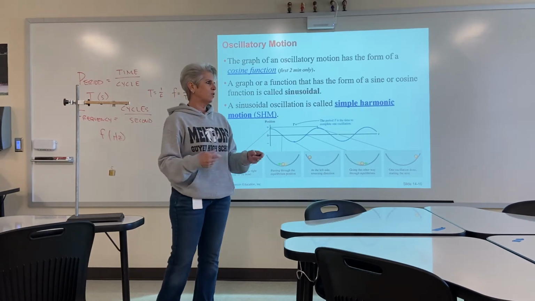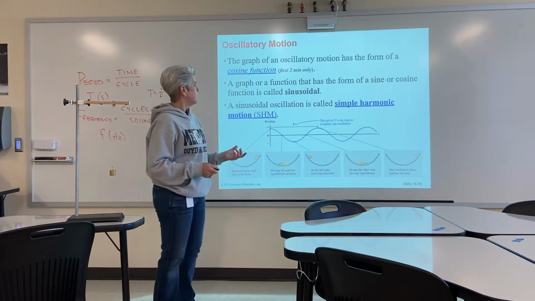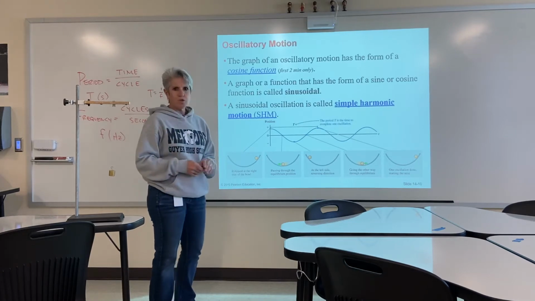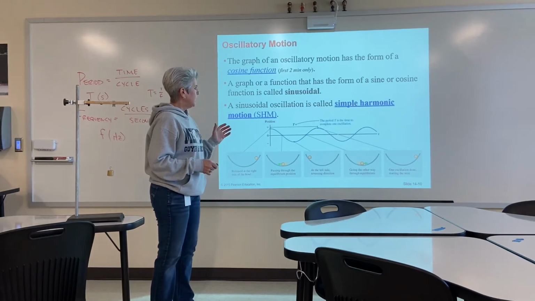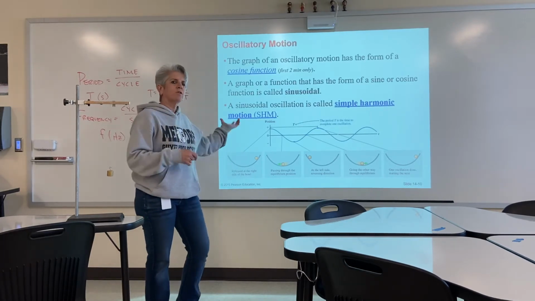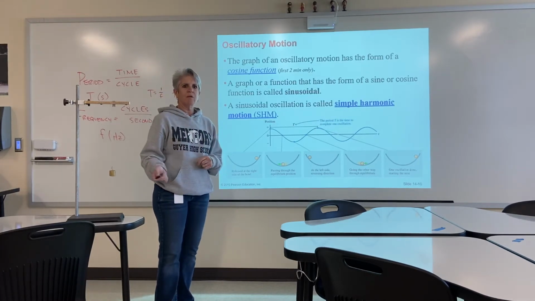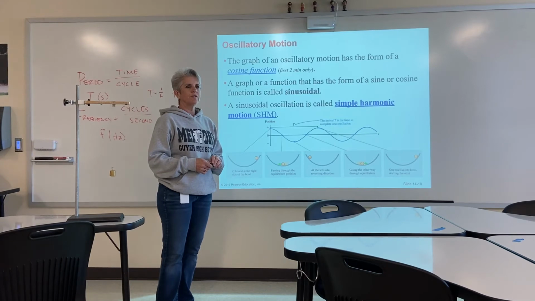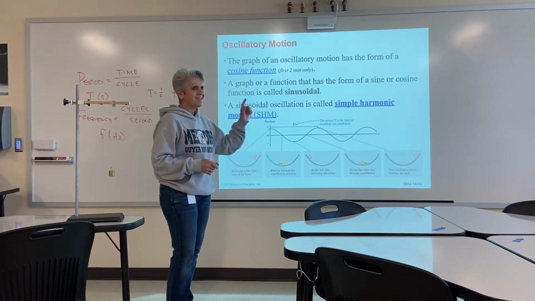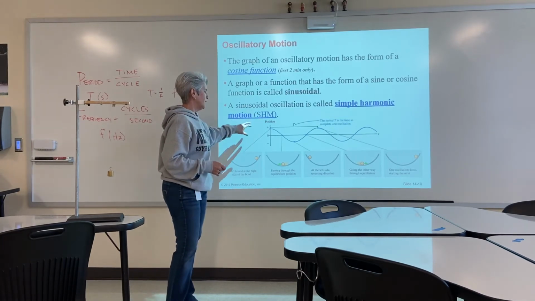This creates a sine wave or a cosine wave, so we say these things are sinusoidal. An oscillation that can create a wave like that exhibits simple harmonic motion, and you'll see us refer to it as SHM.